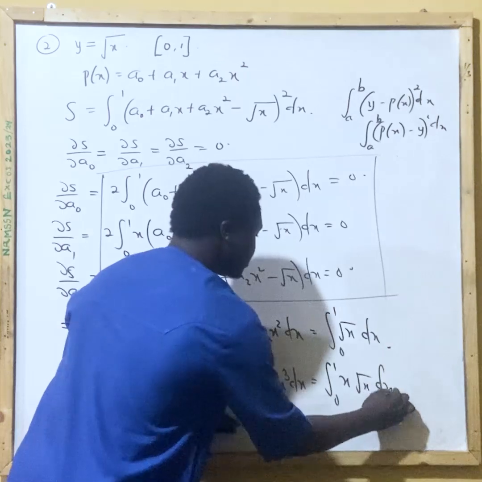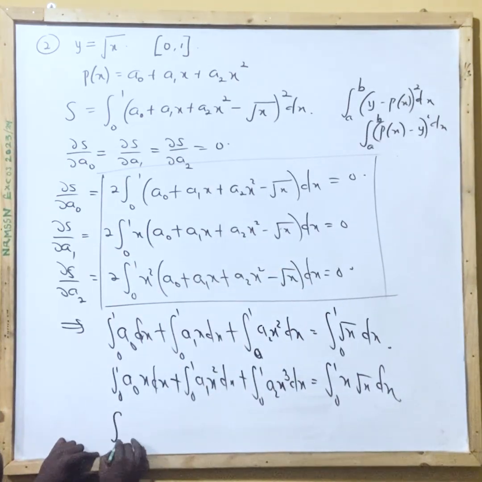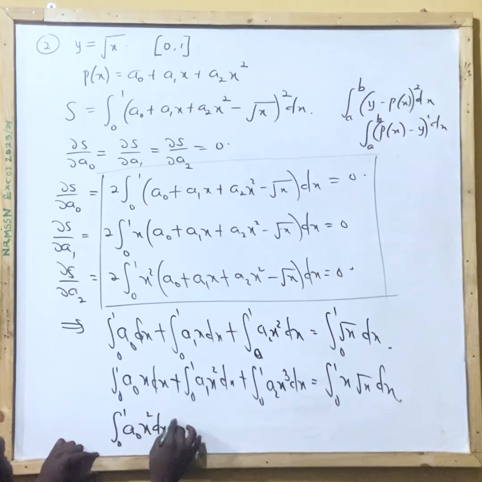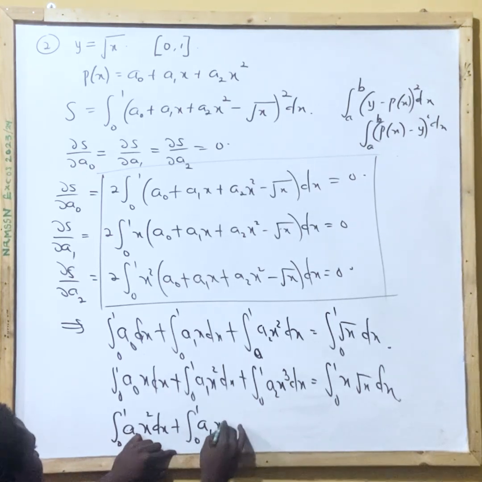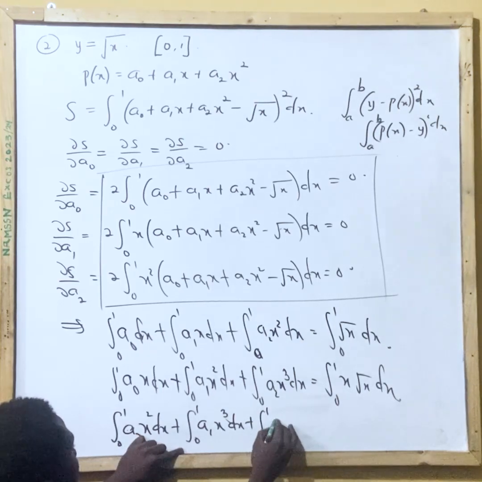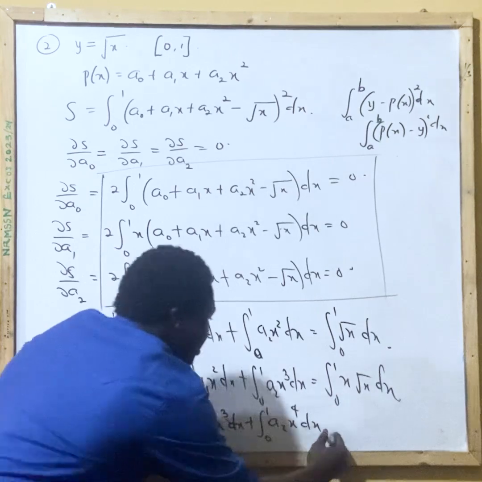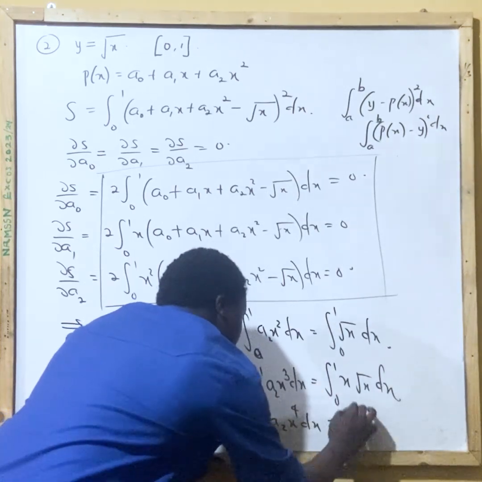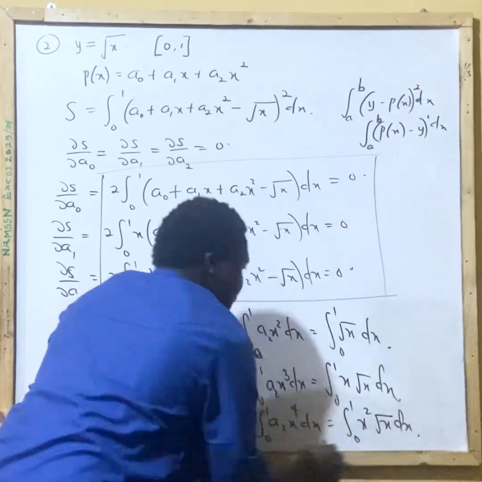And of course the last line would be integral 0 to 1 a naught x squared dx plus integral 0 to 1 a1 x cubed dx plus integral 0 to 1 a2 x to the power 4 dx, and that will be equal to integral 0 to 1 x squared root x dx.